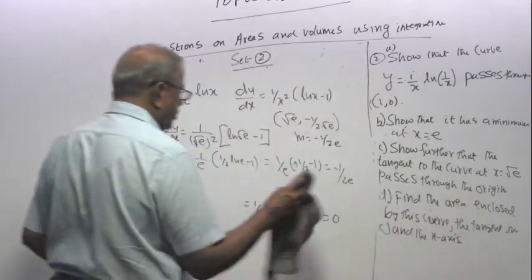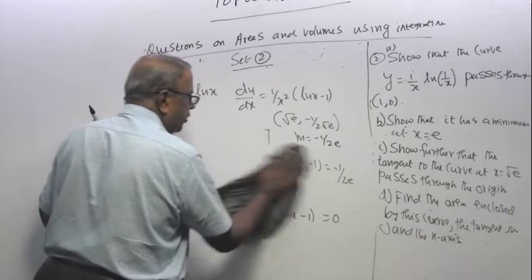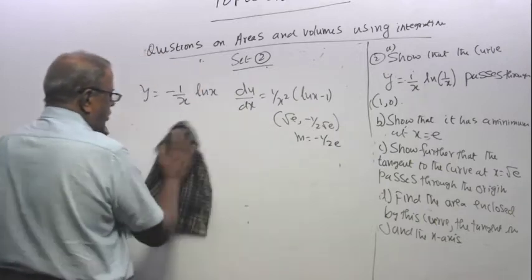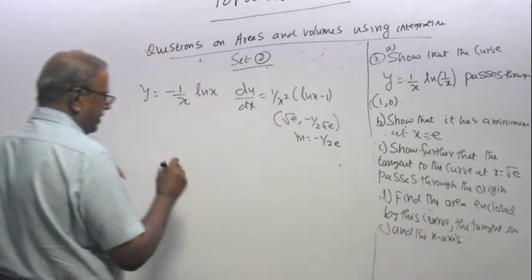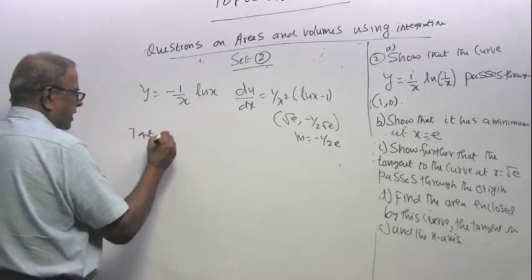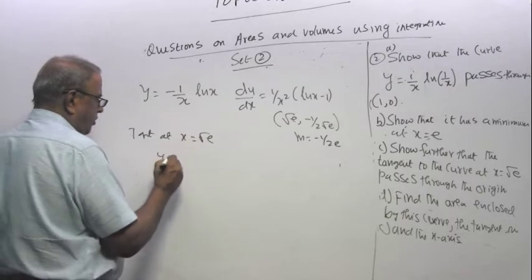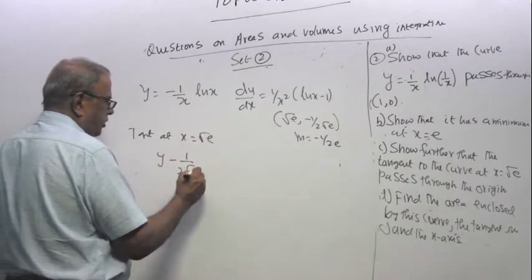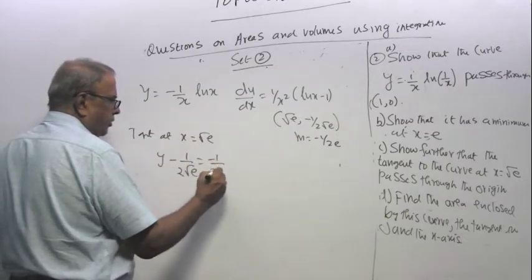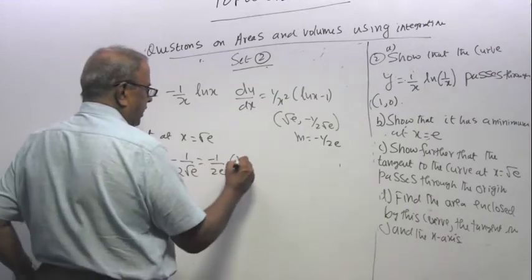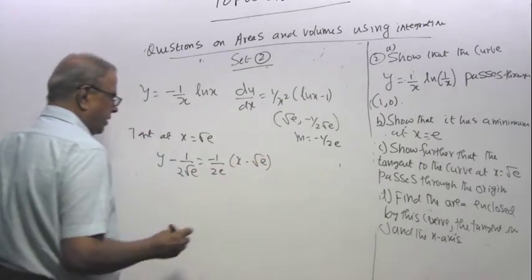So now I must show it passes through the origin. How do you show? Get the equation of the tangent. So the tangent at x equal to root e is y minus 1 over 2 root e equals minus 1 over 2e times x minus root e.